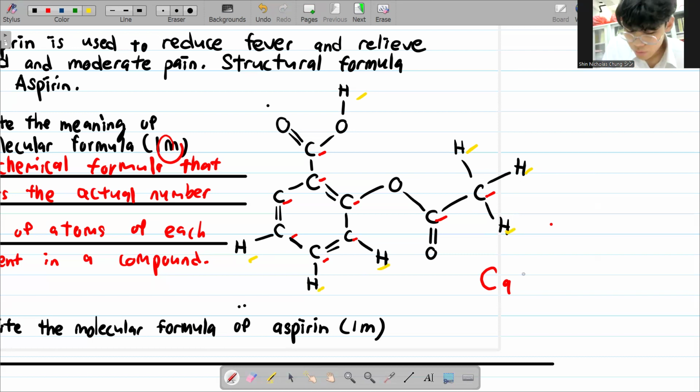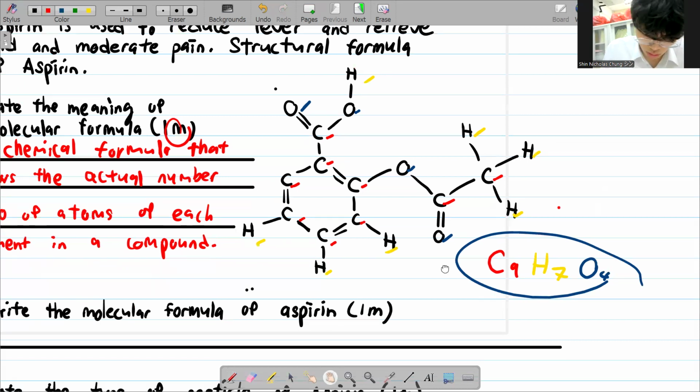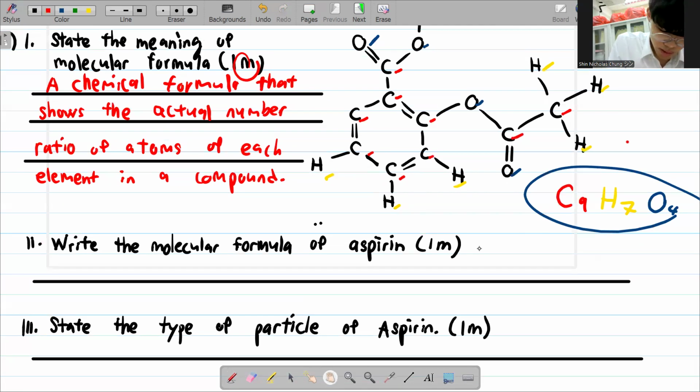There's a total of 7 hydrogen. And how many oxygen? 1, 2, 3, 4. We have 4 oxygen. So this is our molecular formula. Let's write it down without further ado. Molecular formula will be C9H7O4. Nicely done. That's your 1 mark.